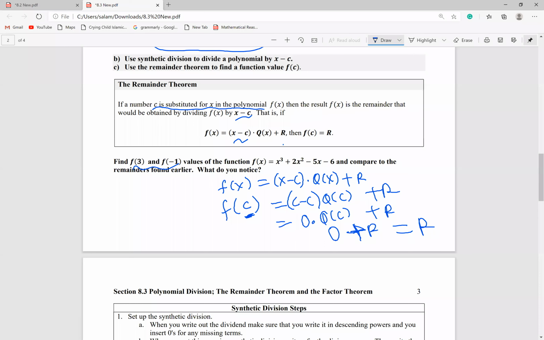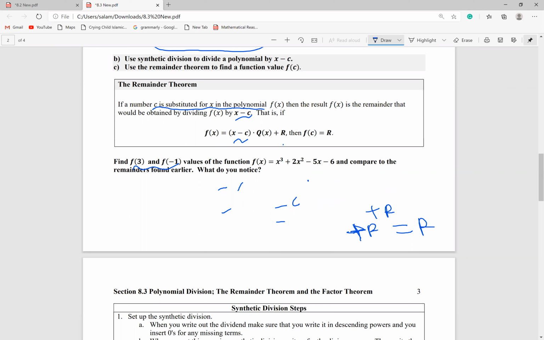Okay, so let's see that from what we did in the previous example. I'm going to go to the previous example. It's still the same polynomial.